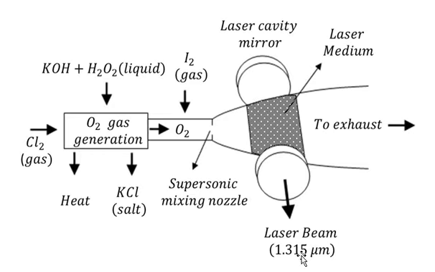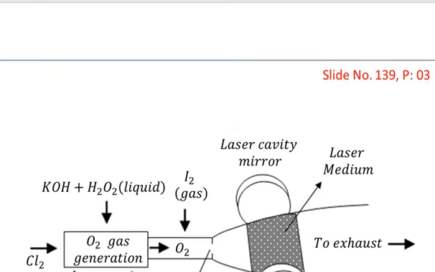And then of course a laser beam with a wavelength of 1.315 micron is produced, and the gray region is the laser medium. After traversing the laser cavity transversely, the laser medium will go to the exhaust portion of the system. So this is the structure of the COIL system, which we are going to explain in the next paragraph.